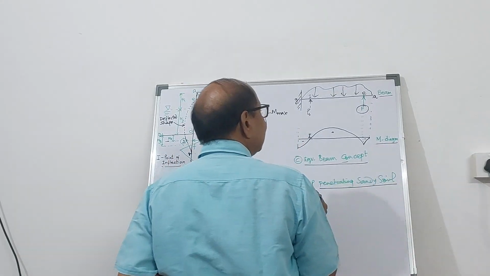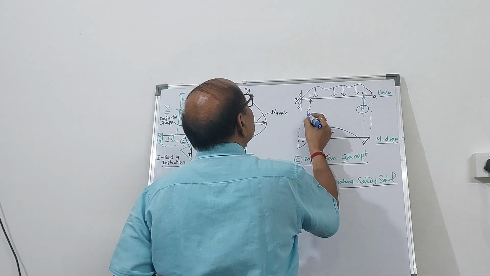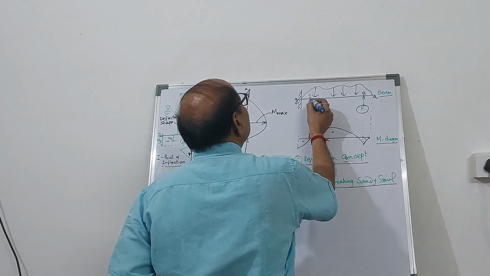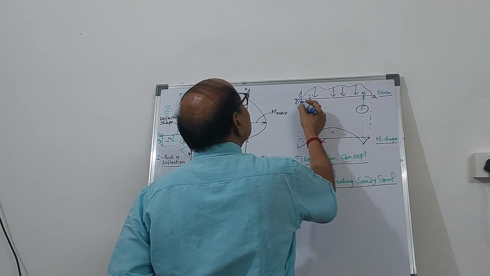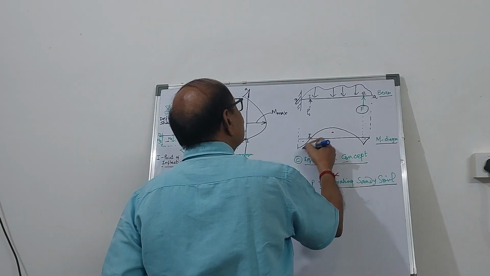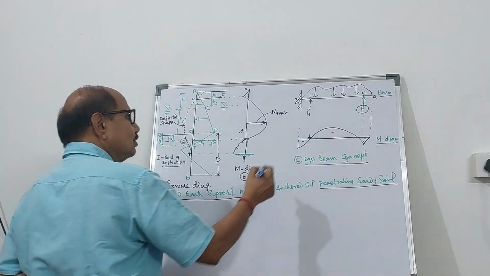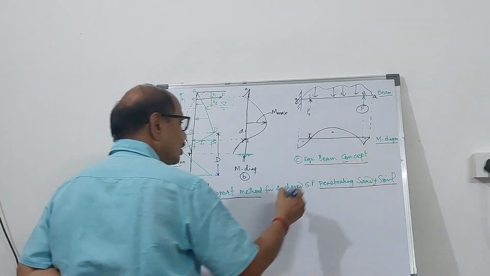So there is the bending moment diagram for the given beam, and at the point of inflection, if you apply a force P prime, then it will be hogging on this side if you remove the support.